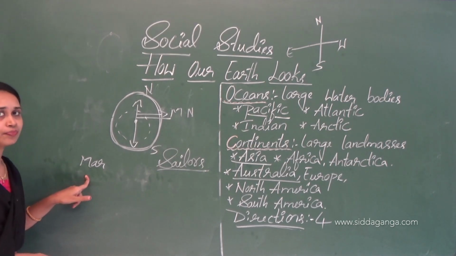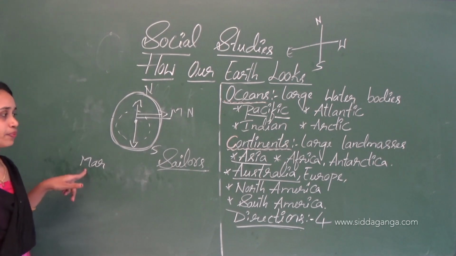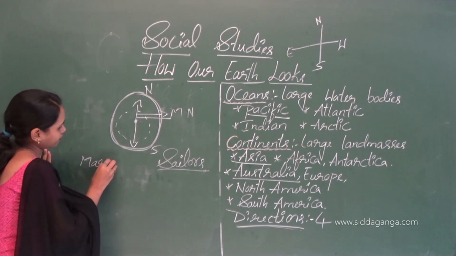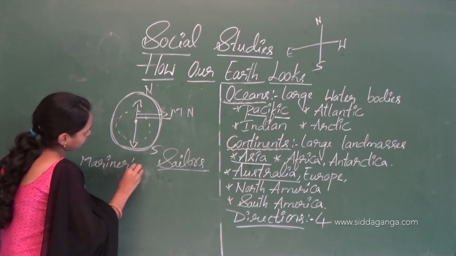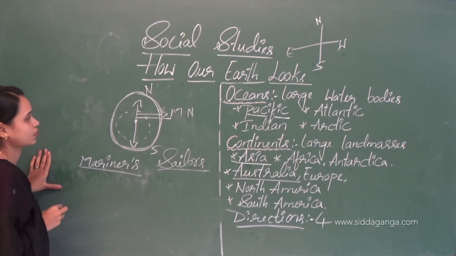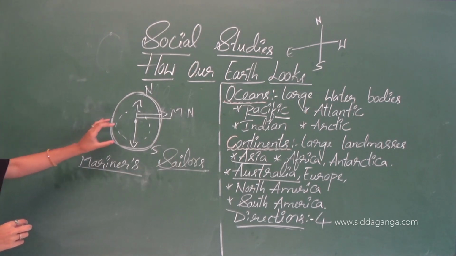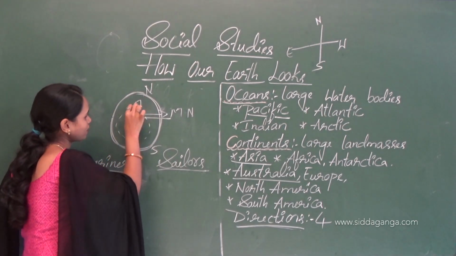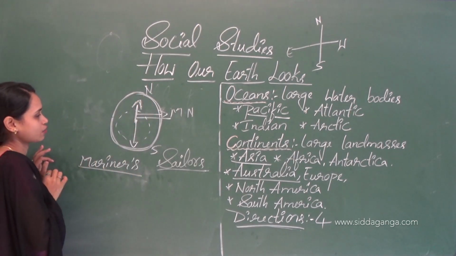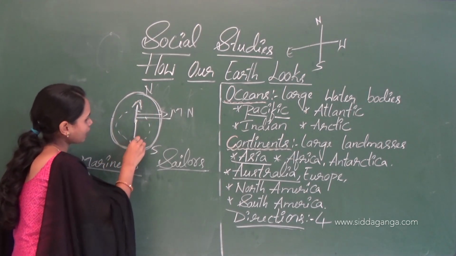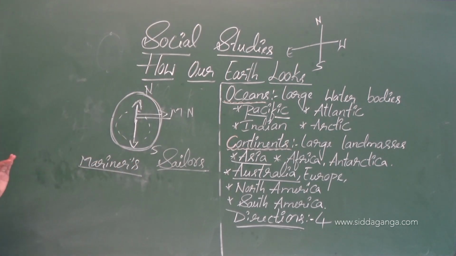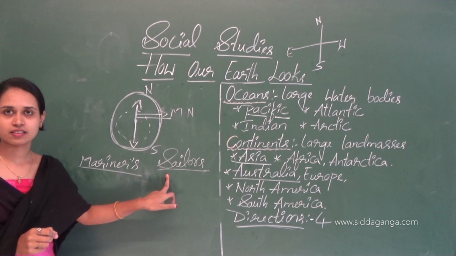So this is called the Mariner's compass. It is like a watch, and it always has a magnetic needle pointing towards north and south. It is helpful for sailors.